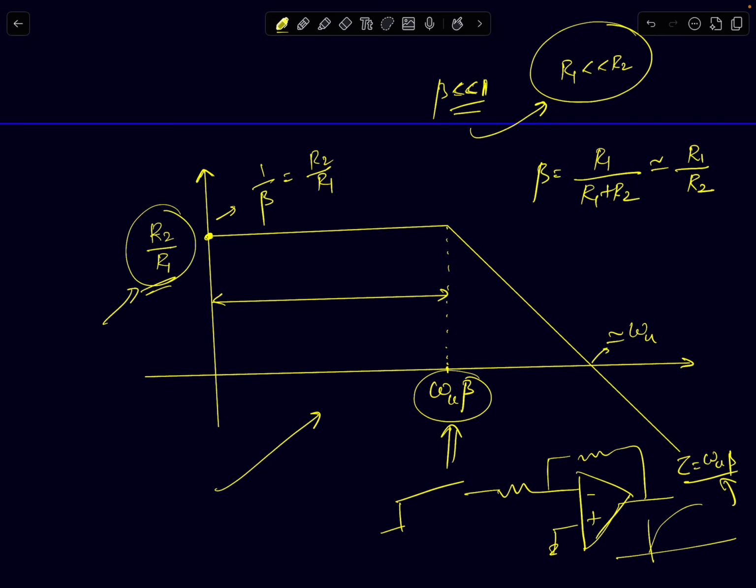If I'm going to use this as a front end circuit for some sampler, then I'll have to meet those same conditions that we derived for a voltage buffer. If I want the output to settle to 5 time constants within a single clock period, then naturally that translates to a higher UGB. Your UGB has to be very high if you want your output to settle very quickly. All that can be derived.